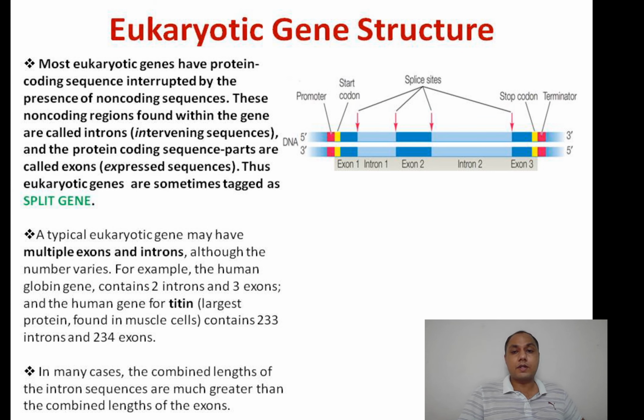But in eukaryotes, we should point out that mitochondria and chloroplasts have their ancestry in the prokaryotic setup, and that's why they carry circular plasmid and circular DNA as well. That circular DNA does not have introns because it is of bacterial ancestry.